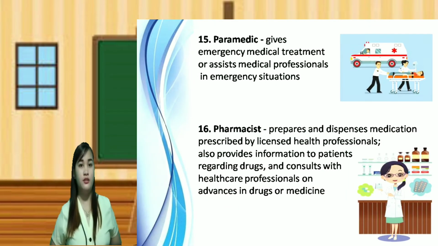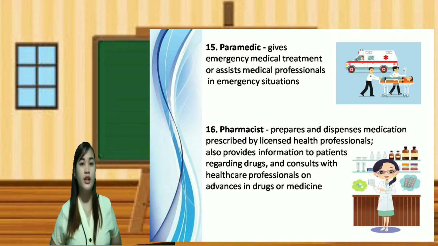Number 15, paramedic. Gives emergency medical treatment or assists medical professionals in emergency situations. So in some accidents, the paramedic is the one who gives emergency medical treatment or assists the medical professionals. Next, number 16, pharmacist.